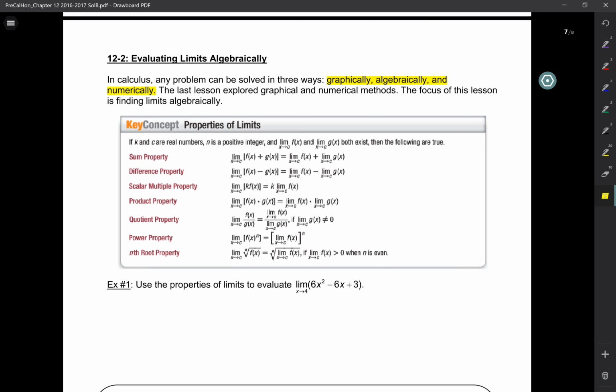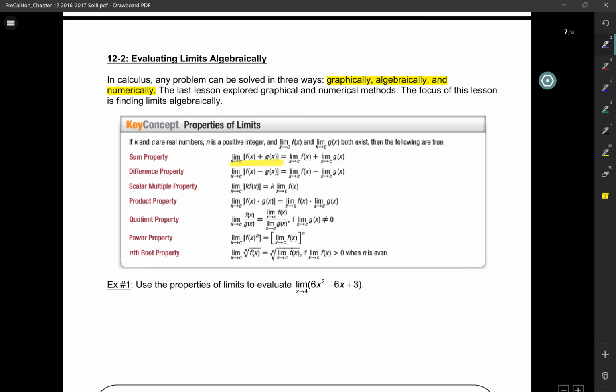So the way limits work is if you have something like the limit of f plus g, you can separate them. You can find the limit of f plus the limit of g separately.